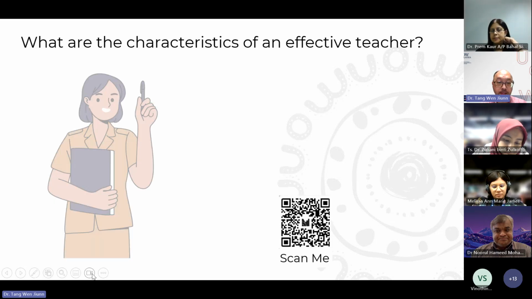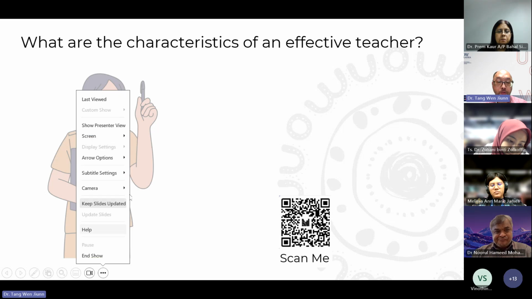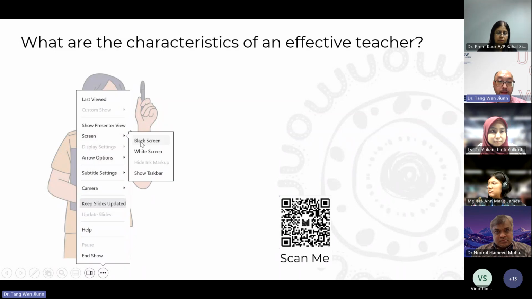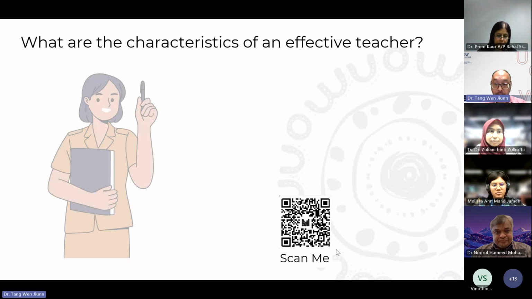Okay, so the question over here is, what are the characteristics of an effective teacher? If you have a handphone, you can scan this one. In the meantime, I will paste the link in the message as well.